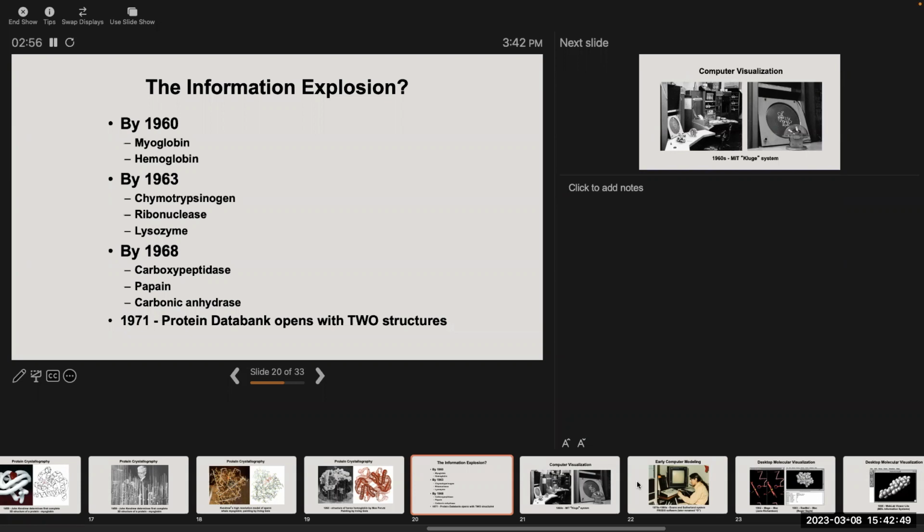It's a testament to just how difficult this was. I mean, doing the X-ray crystallography was hard. Having so many reflections, so many of those little dots on the X-ray pattern that have to be analyzed to start to get any kind of reasonable model of the molecule, just required tremendous computer processing power.